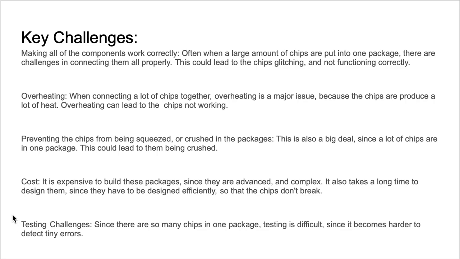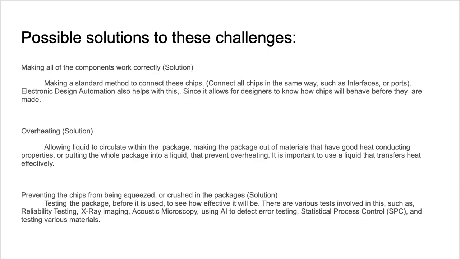So now I'm gonna discuss some possible solutions to these challenges, and possible methods of how to solve these difficulties in the design process. So, possible solutions to these challenges. The first one, making all of the components work correctly.